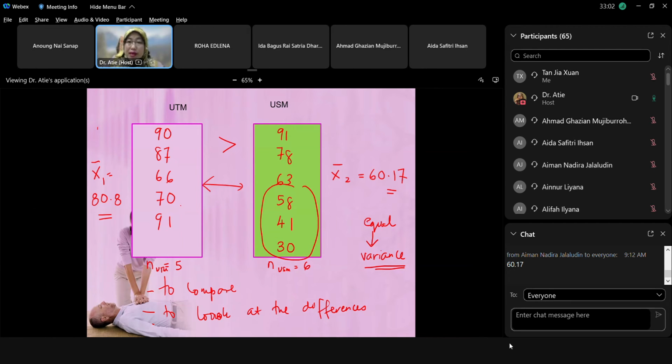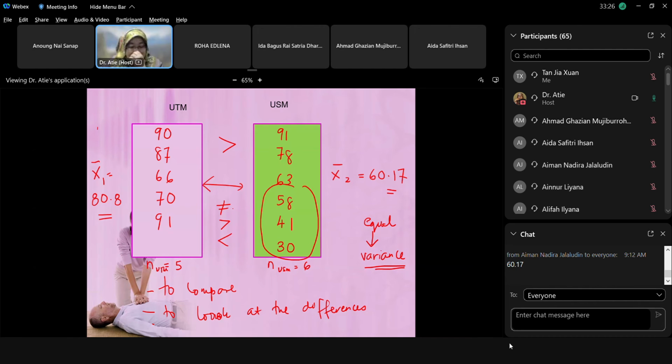So when do we need to do the data analysis? When we don't even know which one is going to be better. Are they going to be the same? Different, greater than, or less than? We don't know. So that's the reason we do data analysis.